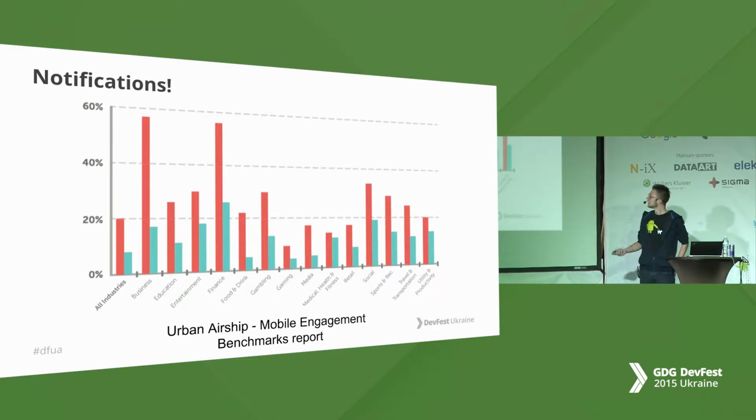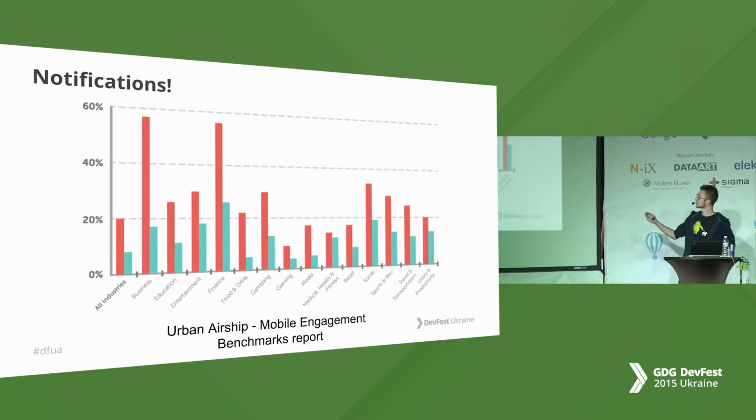So if you want to, okay, that chart, for example, shows Android users in red, and the other color is the iOS users. So you can compare how many actions notifications got for iOS and Android users.